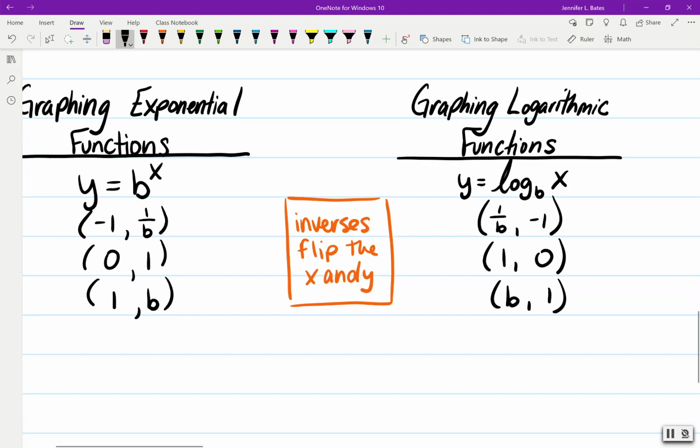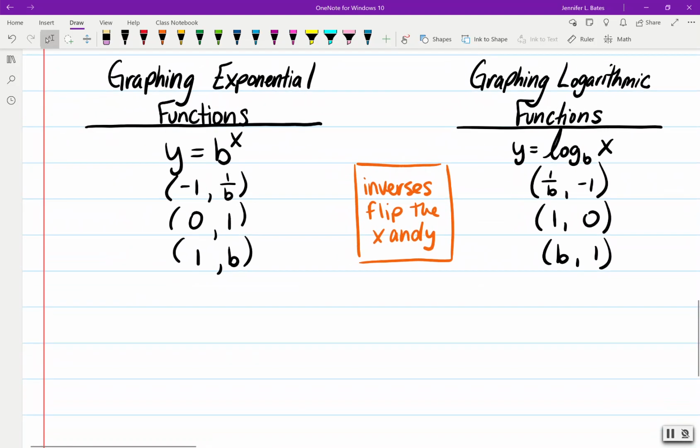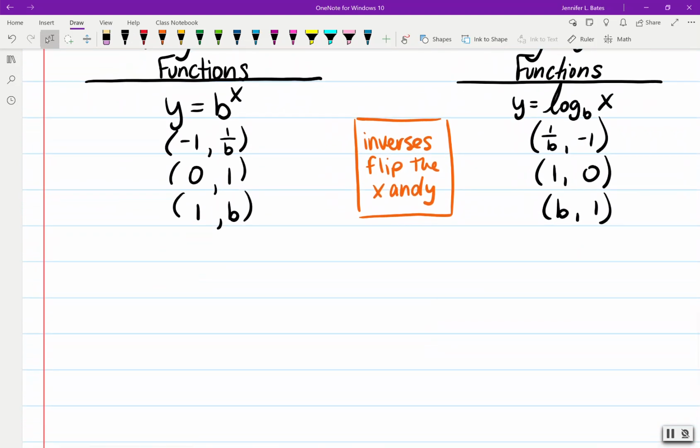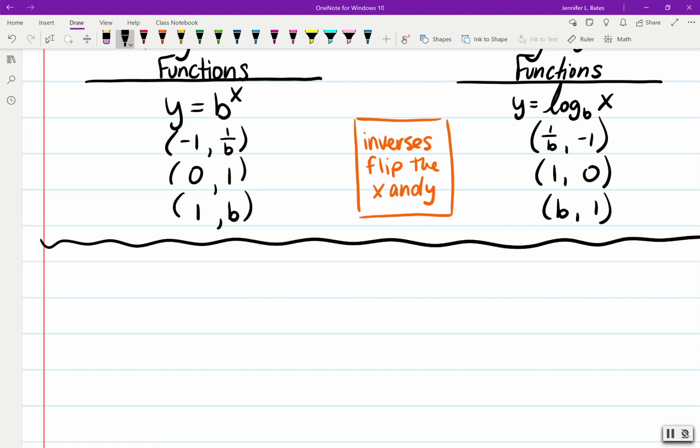Now, when we have logarithmic functions, just like what we did with exponentials, we're going to look at our two parent graphs. So let's take a look at our two parent graphs. We're going to just draw sketches. So over here on the left, we're going to draw f of x is equal to log base b of x, where b is greater than 1, just like what we did with exponentials.